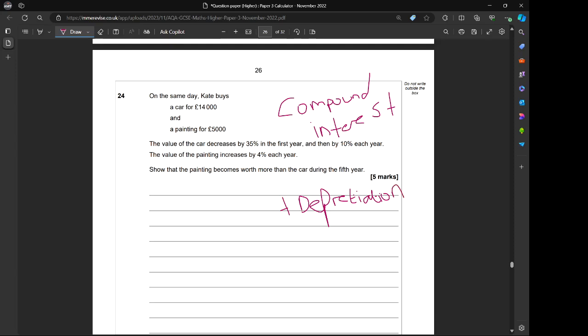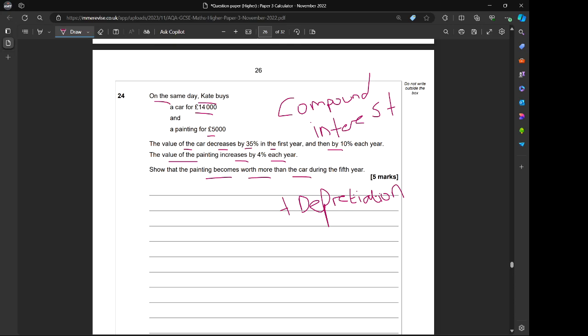Question 24. On the same day, Kate buys a car for £14,000 and a painting for £5,000. The value of the car decreases by 35% in the first year and then 10% each year. The value of the painting increases by 4% each year, so that the painting becomes worth more than the car during the fifth year.